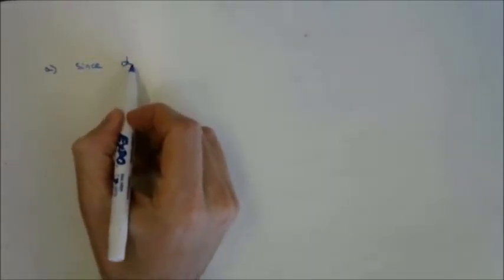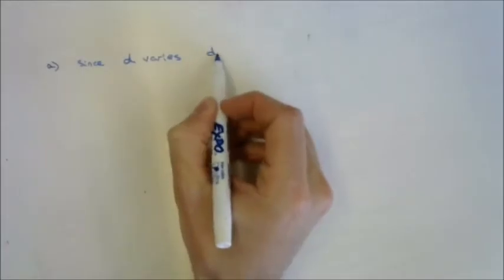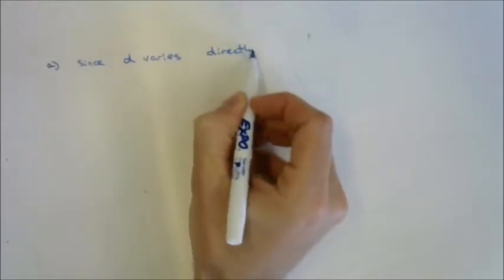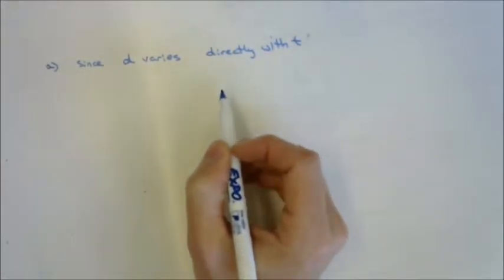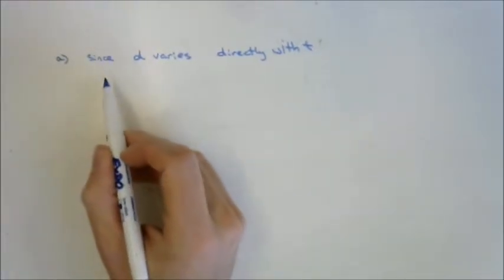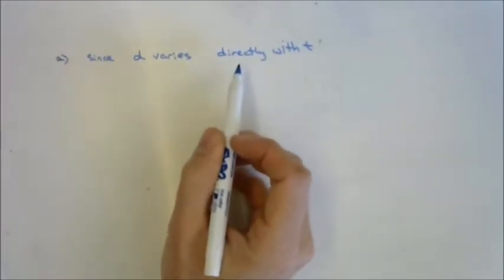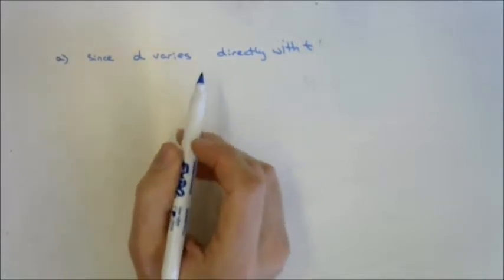All right, so here's what it looks like. Underneath you're going to write a little note here: since D varies directly with T, so since it's a direct variation, T is independent, D depends on T, and it's going to vary directly, which means it's going to change at the same rate all the time by a constant multiple.